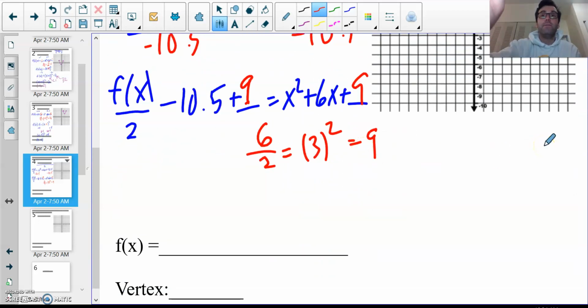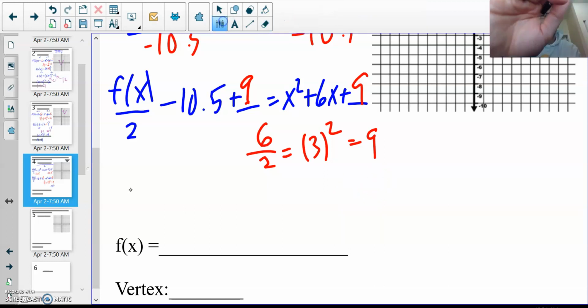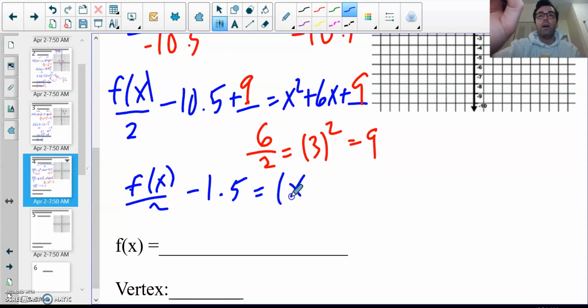So I have a 9, and a 9. Okay, so then this becomes f of x over 2 minus 1.5 equals x plus 3 squared.